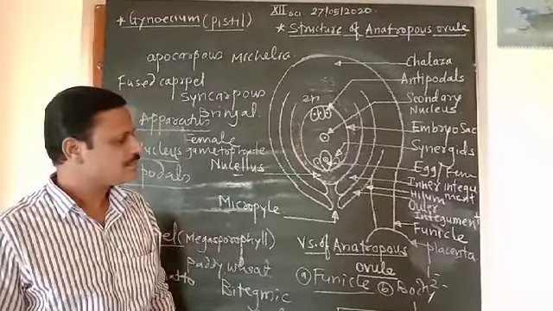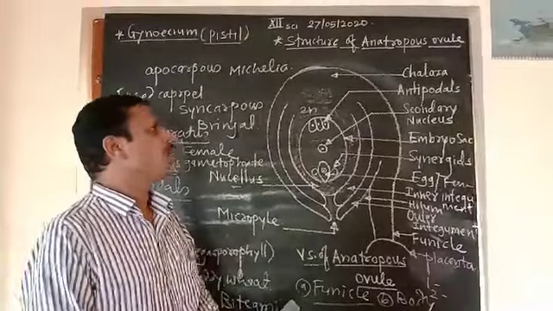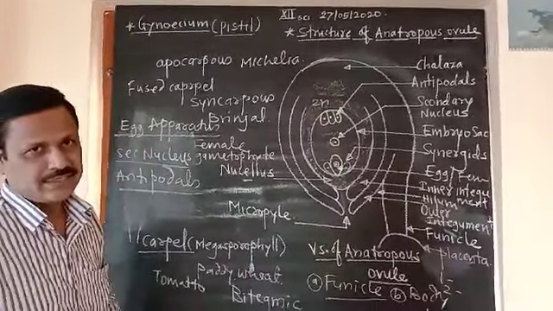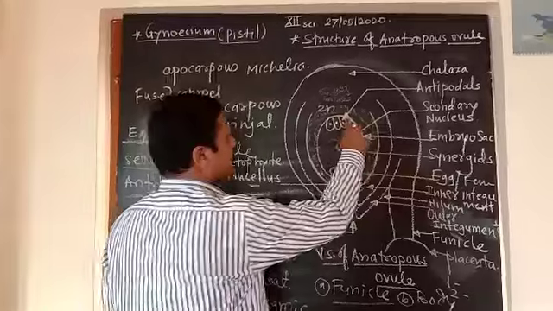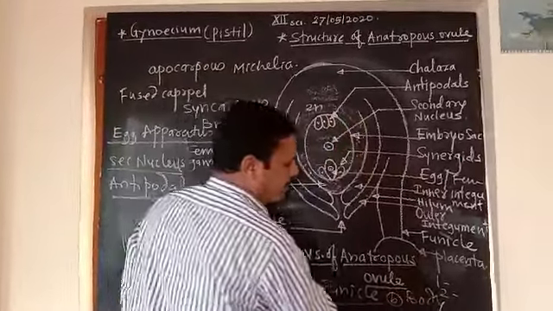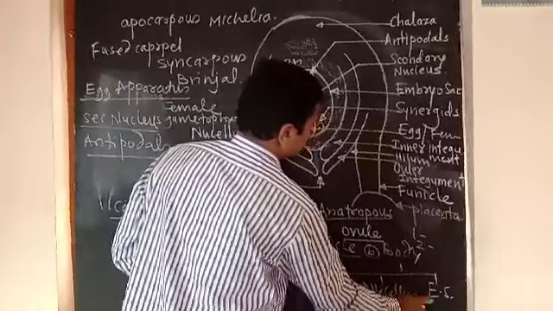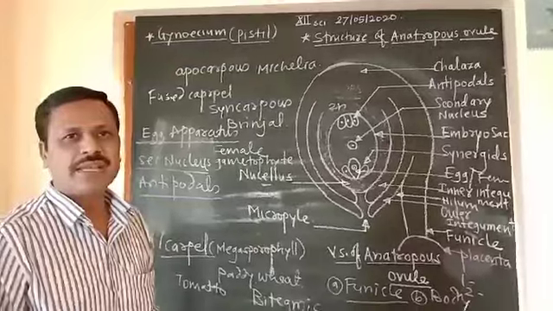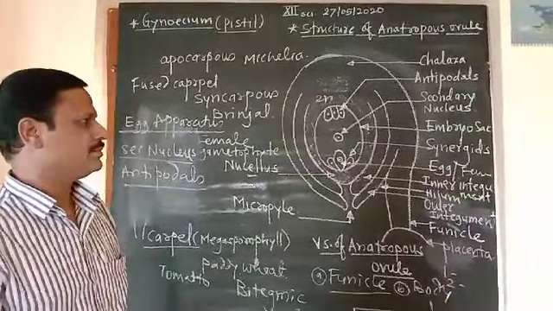Now, another question on this same topic: sketch and label the embryo sac, also called the female gametophyte.